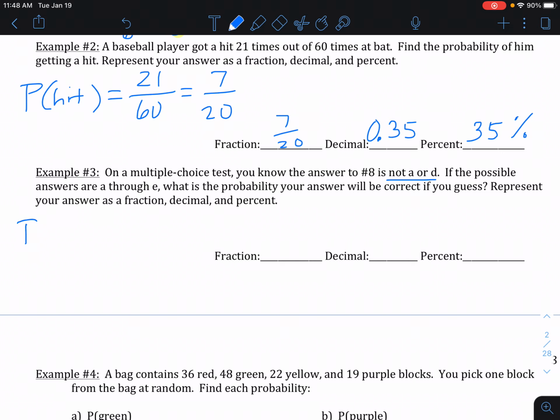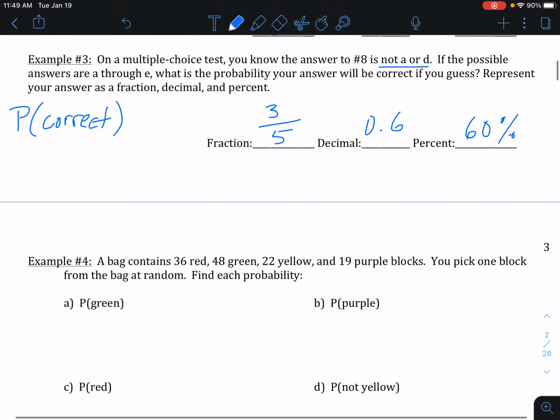So the probability of getting it correct would be, if it's not A or D, you take away those 2 and it leaves you with 3/5, 3 out of 5 chance of getting it correct. Divide to get the decimal, that would be 0.6, or you could call it 0.60 as well. And just be careful when writing a percent. It's not 6%, it's 60%.